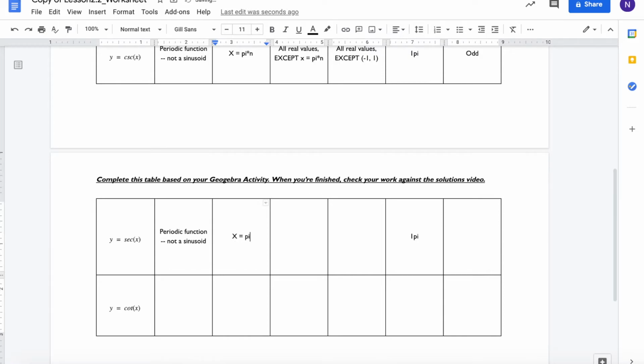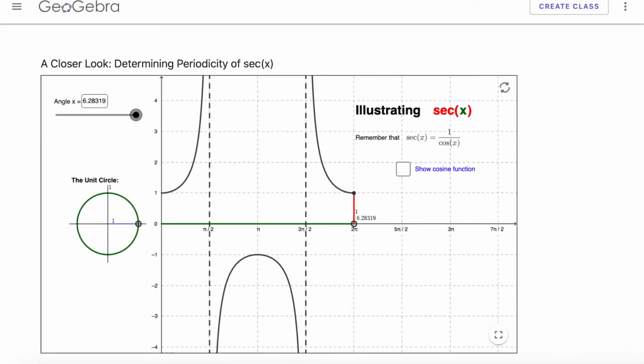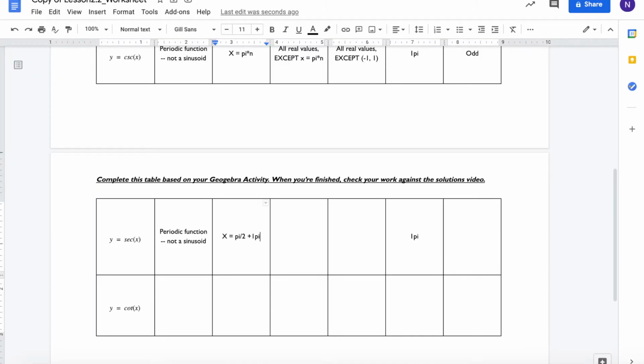So x equals pi over 2. And then what I can do is just add my period to find my next asymptote, so times 1 pi. I could keep doing this: plus 2 pi n, plus 3 pi n. I can just multiply it by any constant, and then I will end up with my asymptote.